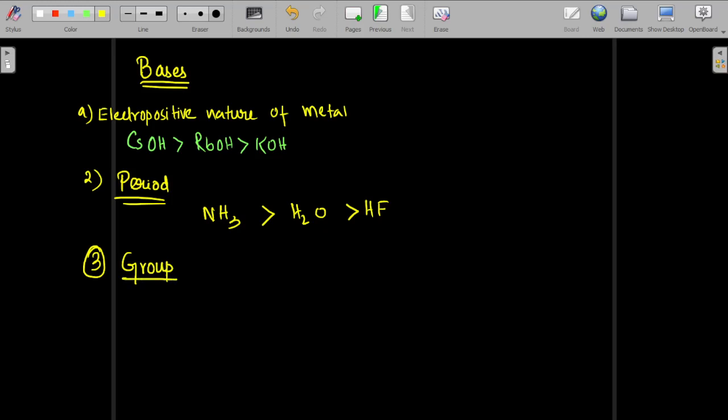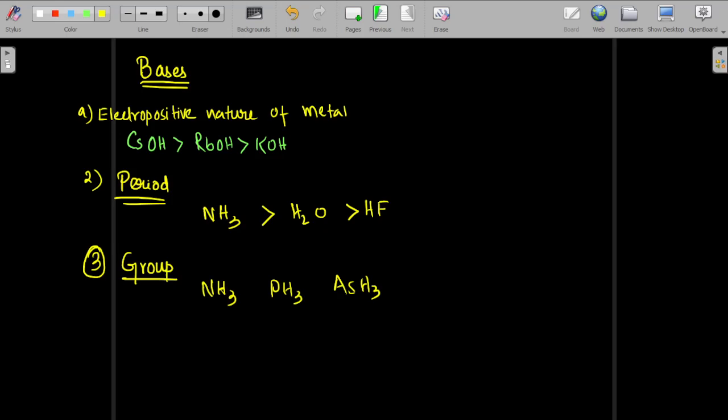While we talk about groups, we can talk about NH3, PH3, and arsine. If we see the basic nature in this, let's check the electronegativity first.